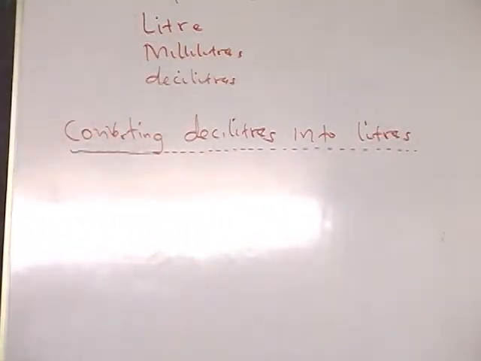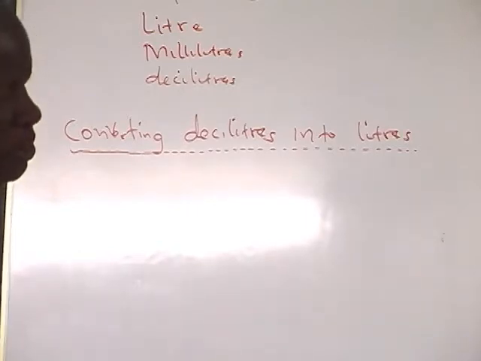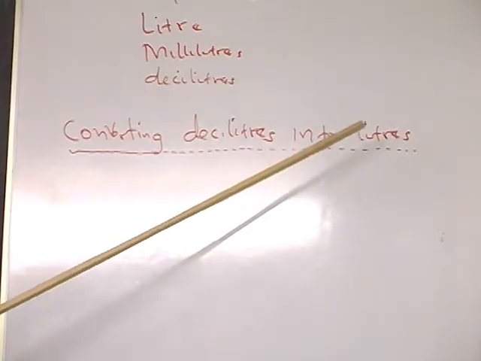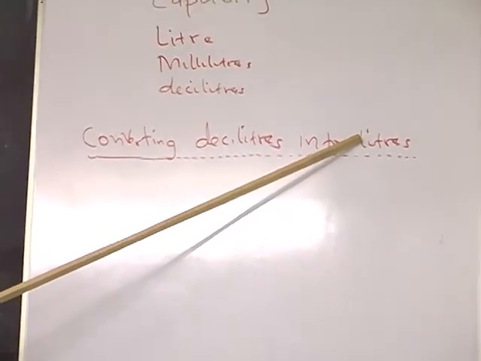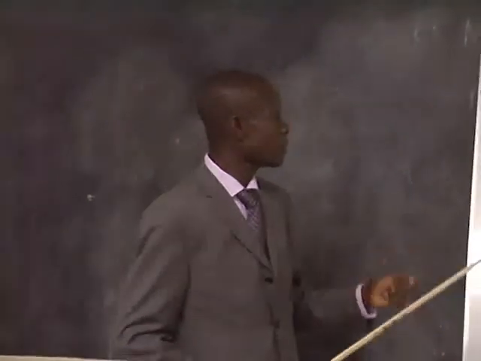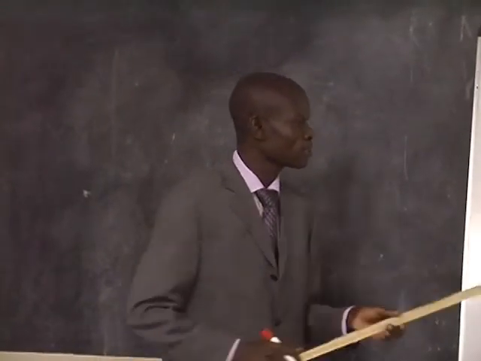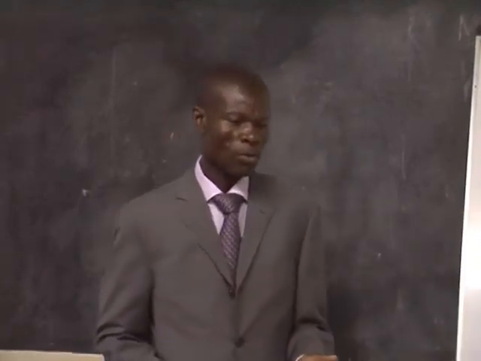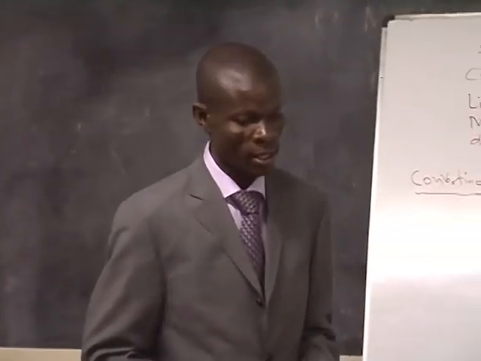So we want to know how we can convert the capacities given in deciliters into liters. But before we are able to convert deciliters into liters, we need to know how the two units are related.